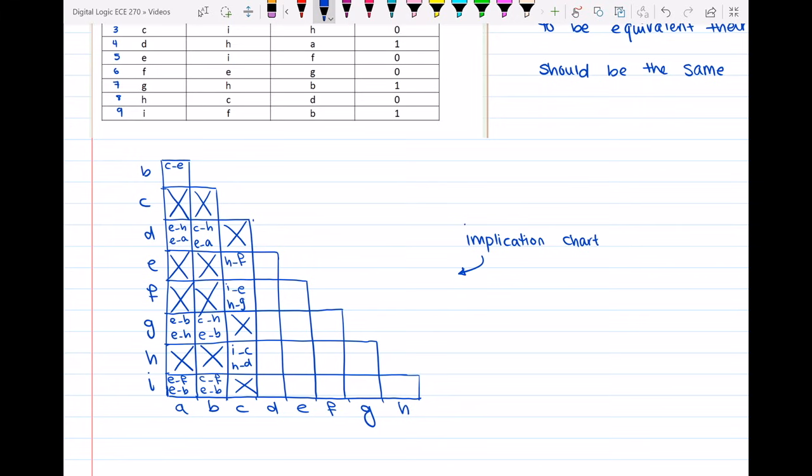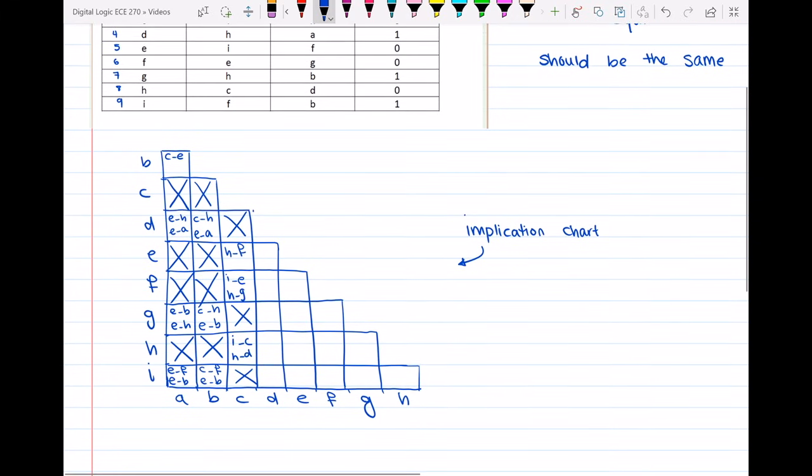Now we go to state D. D cannot be compared to E and F. Why? Because their outputs are different, so I'll just cross them out. D and G, they both have output equal to 1, so A equivalent to B is the condition in which D and G will be equivalent states.